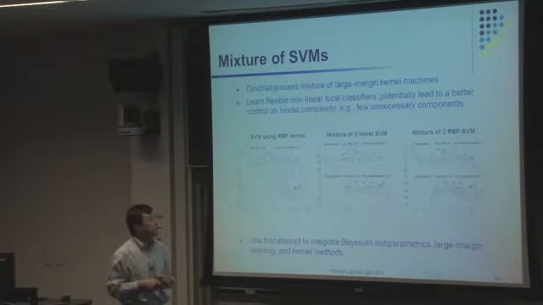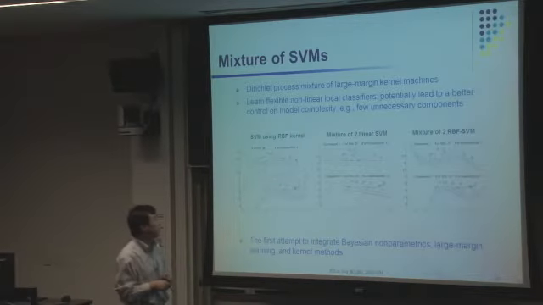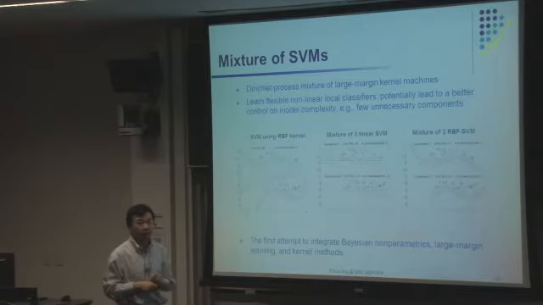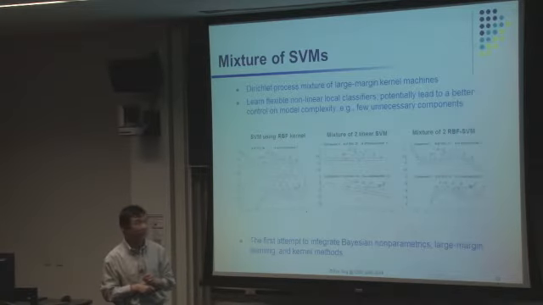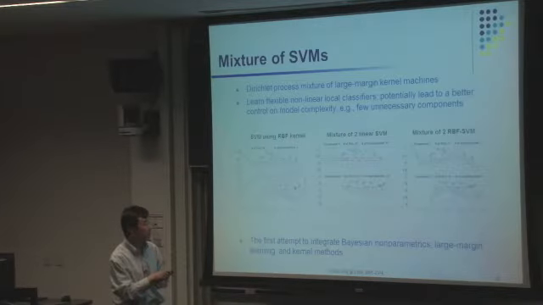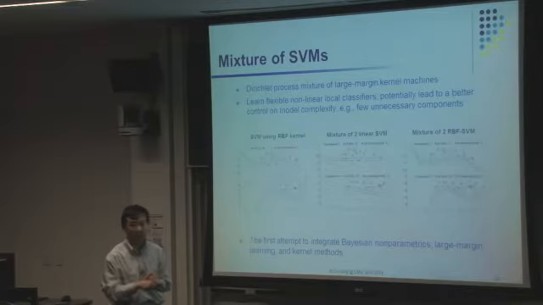Then people say maybe I shouldn't use this very fancy single SVM with a kernel boundary. I may want to use a combination of simpler SVMs. So here is a mixture of 2 SVMs, okay, a mixture of 2 linear SVMs. Basically, I'm going to set a boundary in here and set a boundary in here, and at the end of the day, I'm going to first examine which one I should use, and once I'm in the right domain, I'm going to use just one of them.